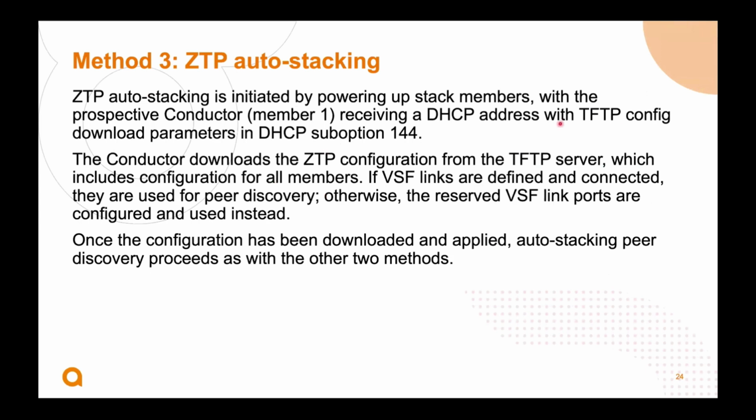So it will receive its address and TFTP config download parameters from DHCP sub-option 144, download the config from the TFTP server, and then it will kick off auto stacking peer discovery using either the reserved ports, or if you have defined your VSF link ports in that configuration that it downloaded, then it will use those for peer discovery instead.